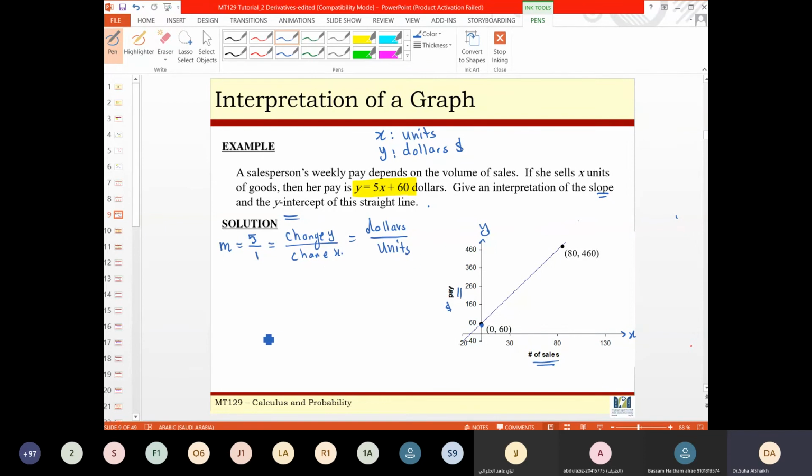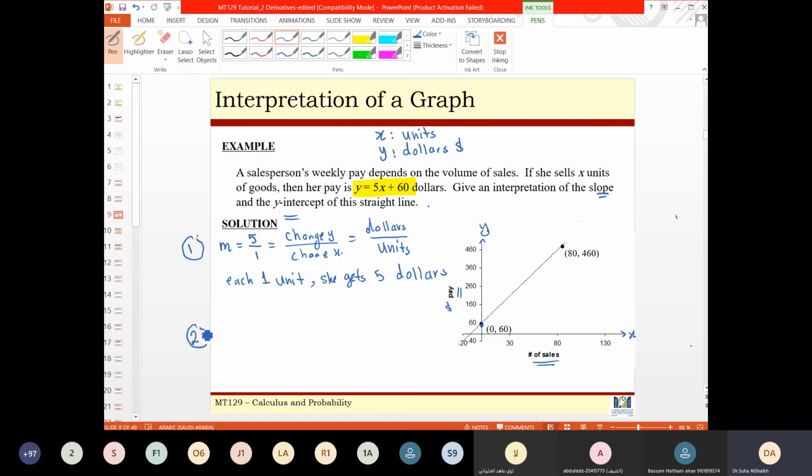Units. فايش معنى الكلام هذا؟ معناها كل 1 unit نبدأها من الإكس لأن الإكس is the independent. For each 1 unit she's getting $5. صارت واضحة؟ Let me write it as dollars زي ما كتبناها هنا. فهذا first thing. أخذت السلوب and I interpret the slope.